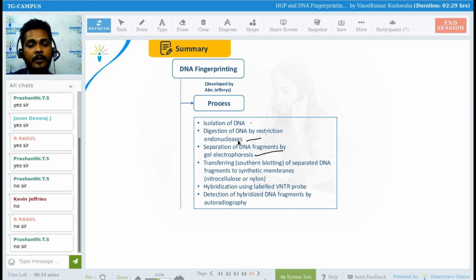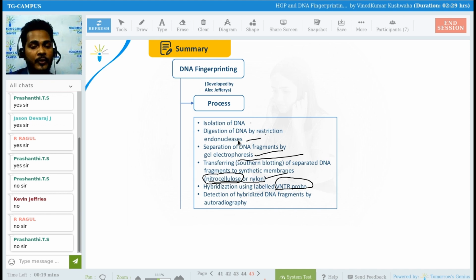This transfer is called the Southern blotting technique, onto a nitrocellulose membrane. So nitrocellulose membrane, or nylon, is important. Now hybridization using a labeled VNTR probe. VNTR is what? Variable number tandem repeat sequence.